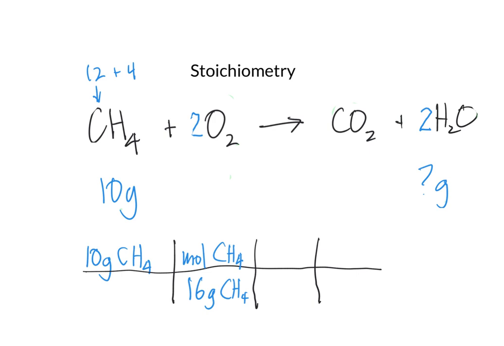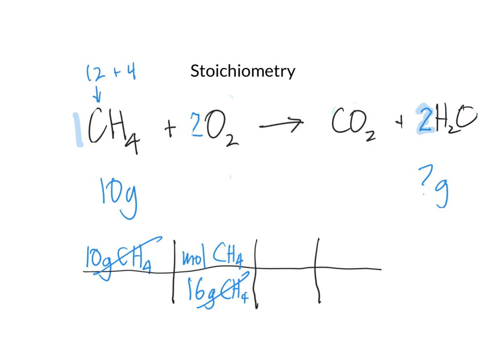That allows me to cancel my grams of CH4, which ultimately I want to have grams of H2O. Now I can use my recipe, my chemical equation, which is basically a recipe for reacting CH4 with oxygen to produce carbon dioxide and water. That's our recipe for this reaction. And my recipe tells me that I have here a 1:2 ratio.